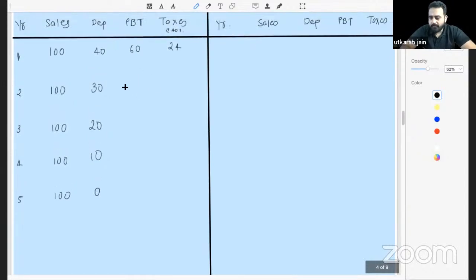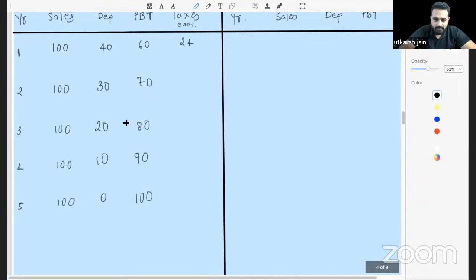All right, so let's do profit before tax. Everyone be with me on this. 100 minus 30, 70, 80, 90, and this becomes 100. Now I'm going to make a mistake somewhere. In case I do, correct me, so be a little alert.